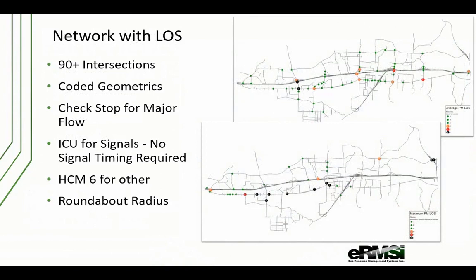Now I've explained at these user groups before how we've used the Visum model to do a number of LOS evaluations, essentially, pretty much looking at the intersections using the ICA or the HCM.